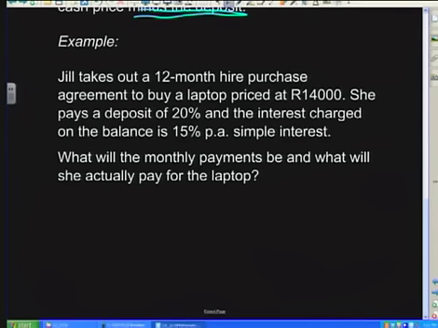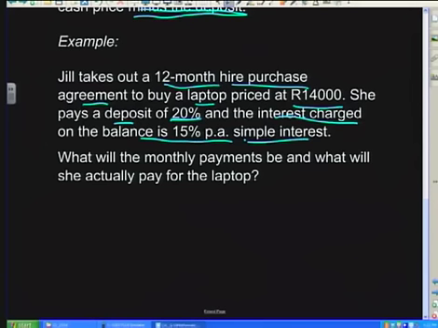We say that Jill takes out a 12-month hire purchase agreement, and she wants to buy a laptop priced at 14,000. So quite an expensive laptop, probably one of the latest, newest ones. She pays a deposit of 20%, and the interest charged on the balance is 15% per annum, simple interest.